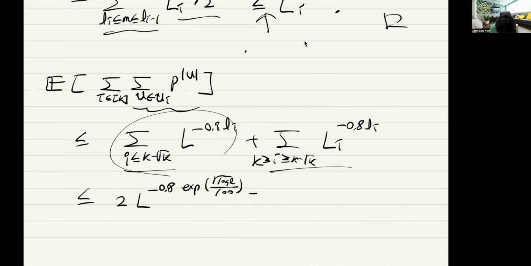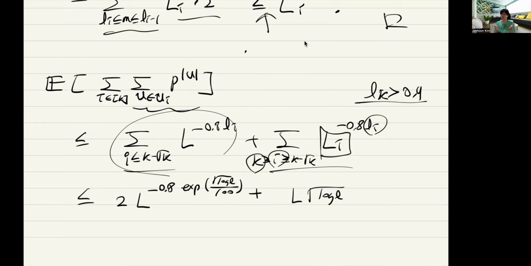And for the latter part, you take I, and each one of these is like L square root of log L, up until I is K, so this Li is bigger than 0.9.